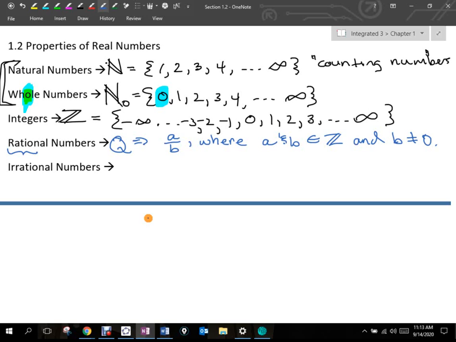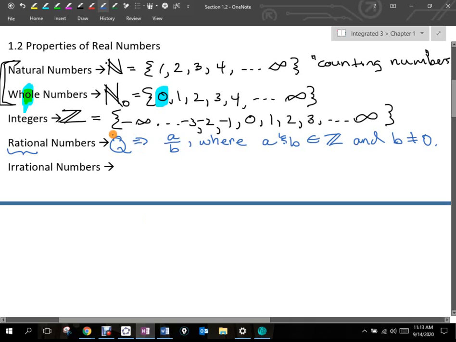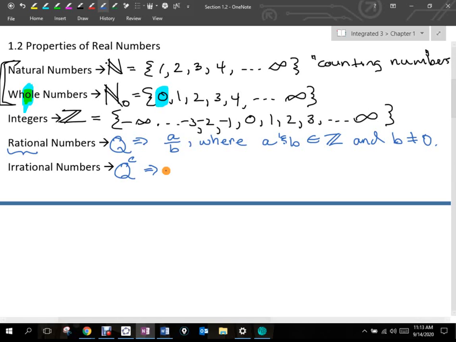Quotient. Okay. Now, irrational numbers is weird because you have our rationals, and then if something's not rational, it's irrational. So we call it the complement of the rationals. You don't really need to know that, but it's Q with a capital C, kind of as a superscript there.